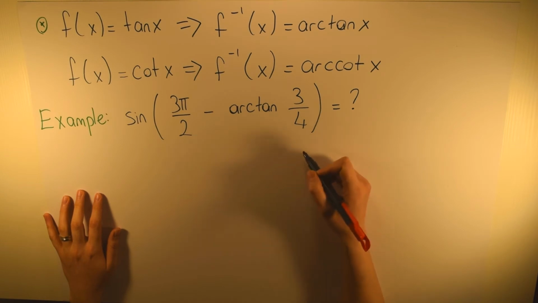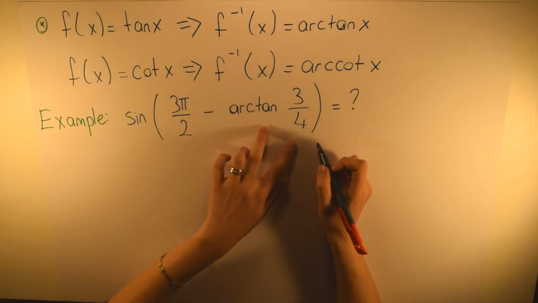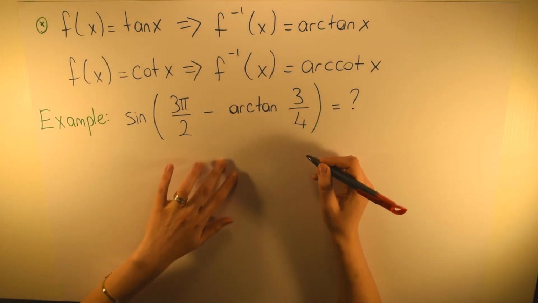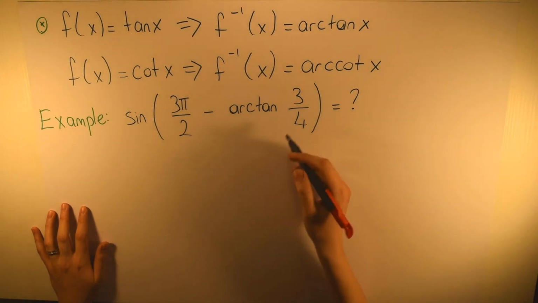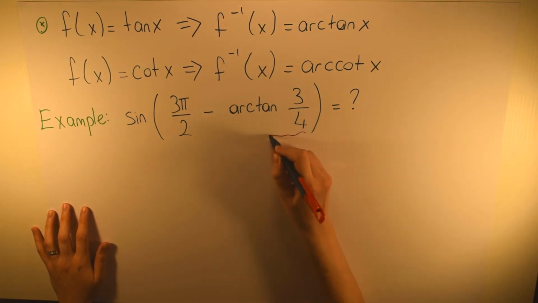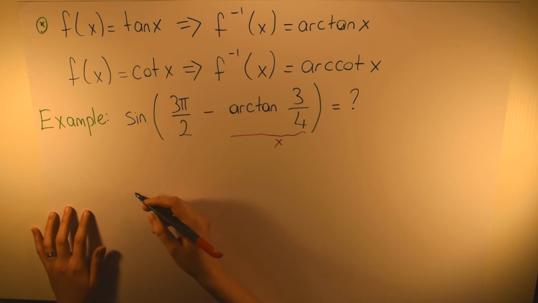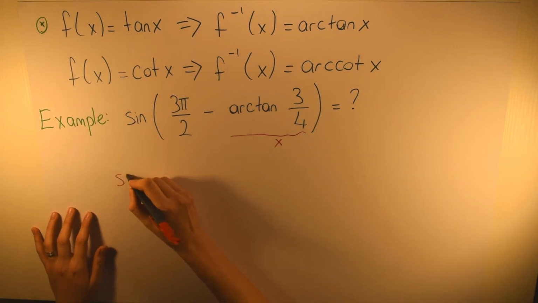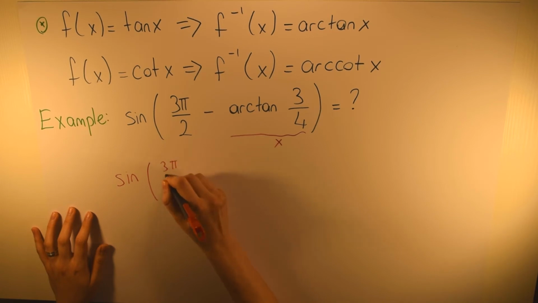In this kind of question, you always give a value to the terms with arctangent, arccotangent or arcsine. So here we have arctangent 3/4, so let's say this is equal to x. Our question becomes sine of 3π/2 minus x.